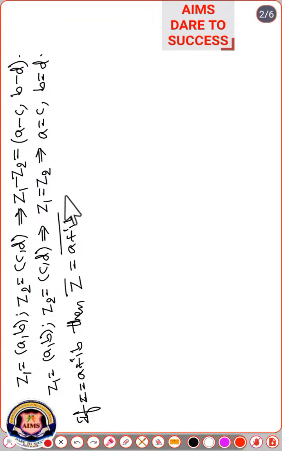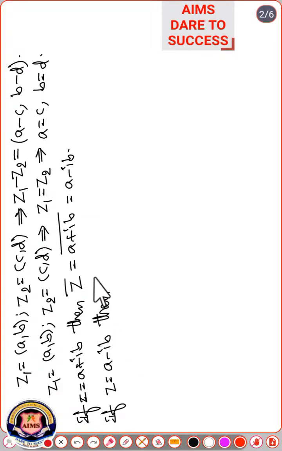Bar means conjugate, a minus ib. Suppose z is equal to a minus ib, then z bar is equal to the bar of a minus ib. This is equal to the opposite symbol of i, plus, coming. So a plus ib.